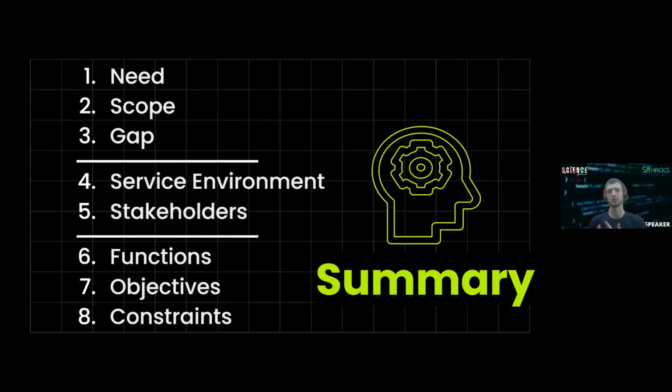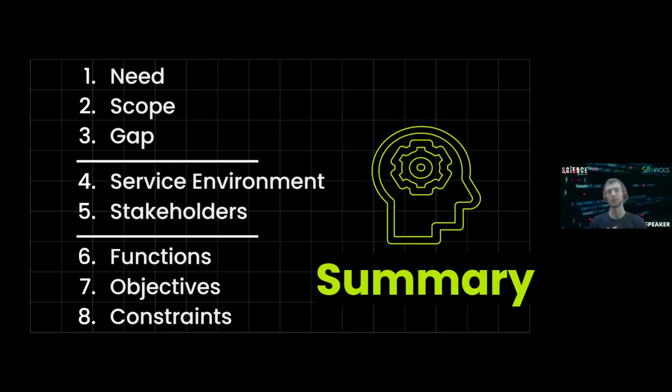Why does your design need to exist? The service environment is what environment, physical, or it can also be virtual, I neglected to mention, but it's just any environment that the design will operate in and the associated conditions of that environment. The stakeholders are who is going to interact in a meaningful way with the design.